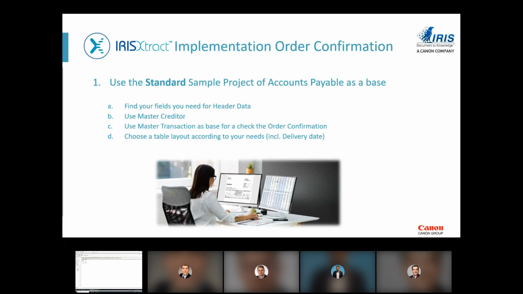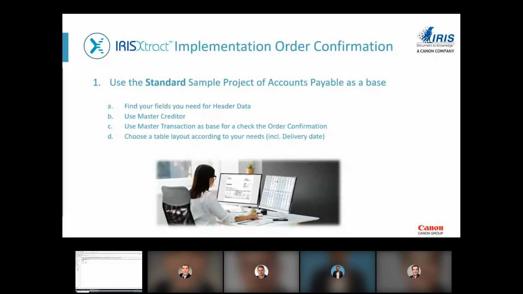This you see here at A and D. And we should try to also use the master data for the supplier information, and also here in C, use the master transaction table for all the information you have within your leading system related to the order, because this is what we would like to check against the order confirmation.